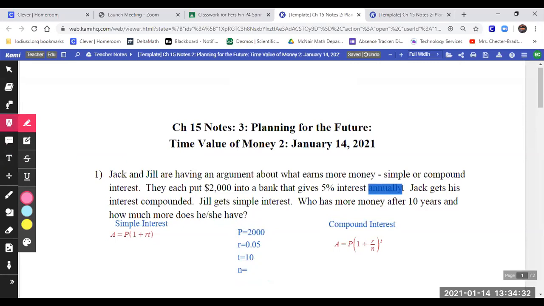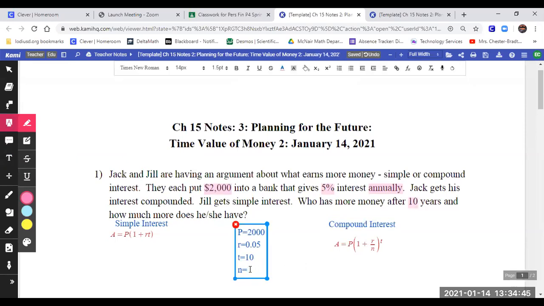That's our N. There's our R, here's our P, here's our T. What am I going to say for N? Annually means how many times in a year? Once. So that's a 1.